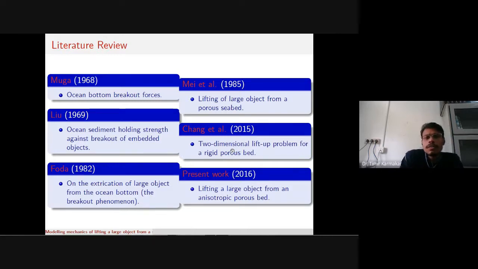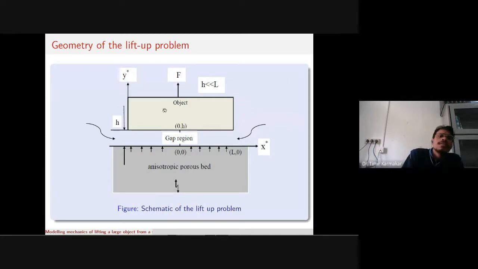Even though a few studies have been made on all of this, detailed knowledge about the breakout phenomenon, how much time it requires or how much force we need, is still a topic of discussion. Suppose this is the object, and this is the anisotropic porous bed.